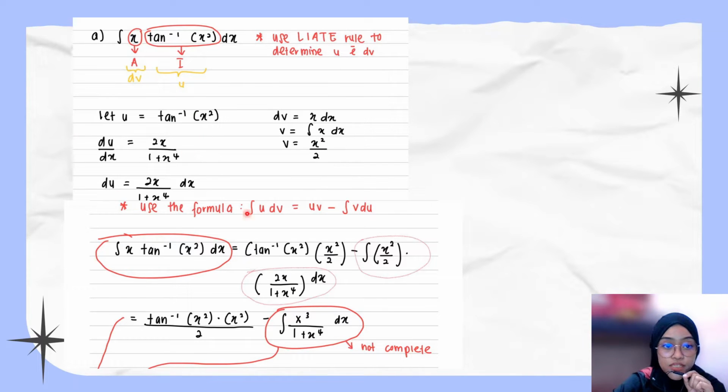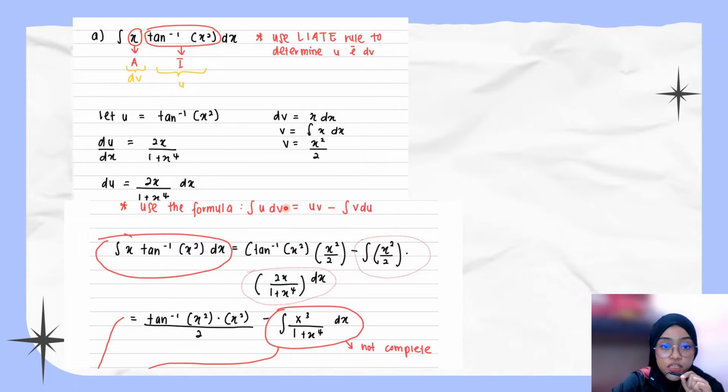As you can see here, we already have u, du, dv, and v. The next step is to use the integration by parts formula, which is the integral of u dv equals uv minus the integral of v du.